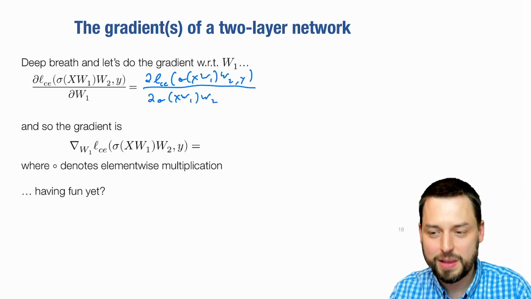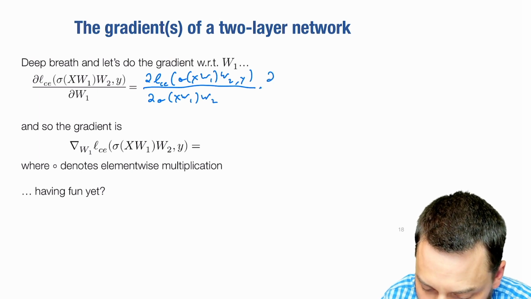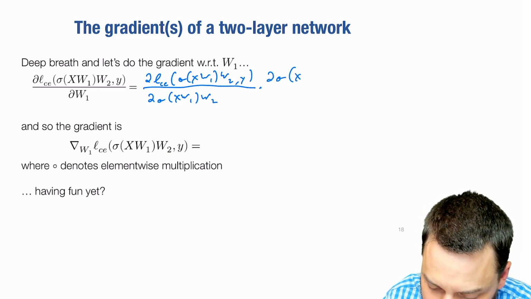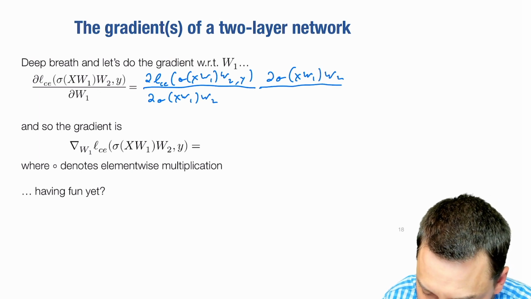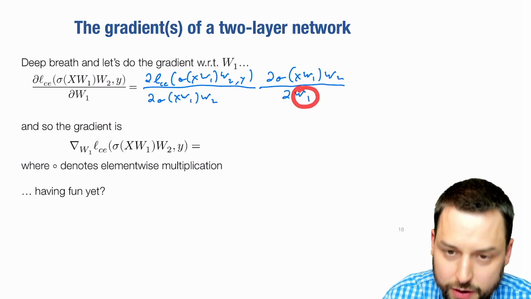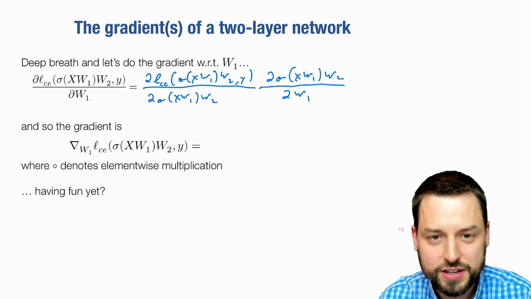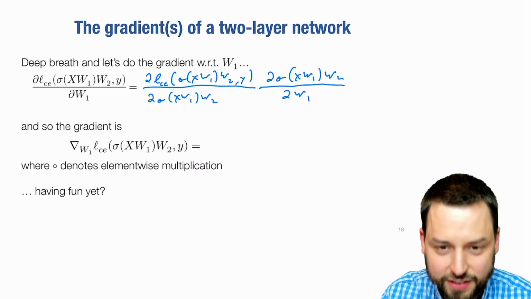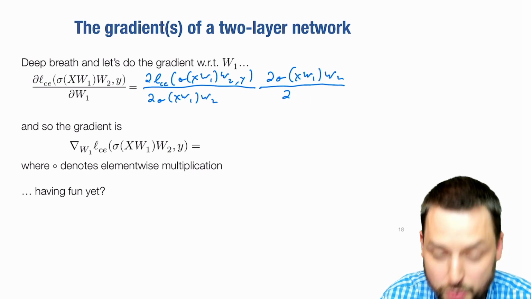But now we have the partial of sigma x w1, w2 with respect to w1. And because we have w1 here, this argument still affects w1, so we can't just be done here. In fact, we have to apply the chain rule some more times.